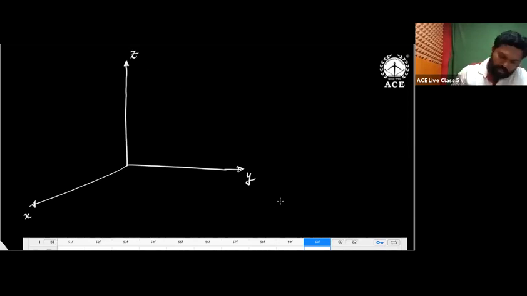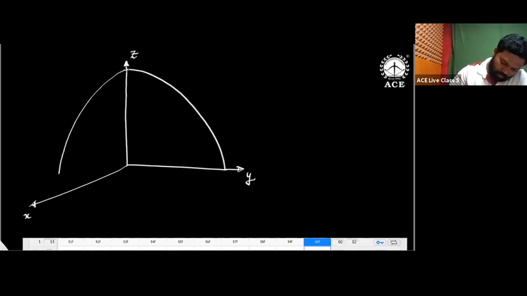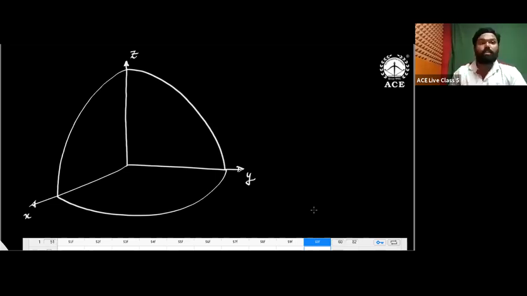Here it is z-axis. Let me put some dotted lines here, to create the feel that it is a three-dimensional one.